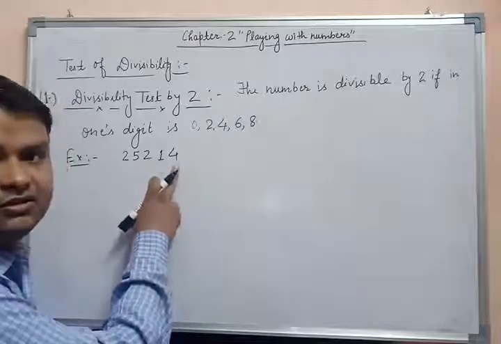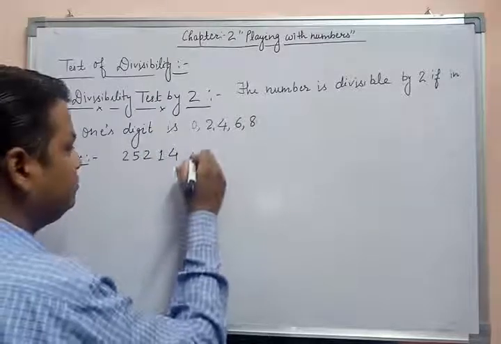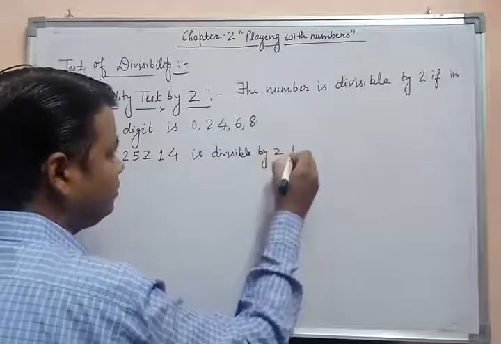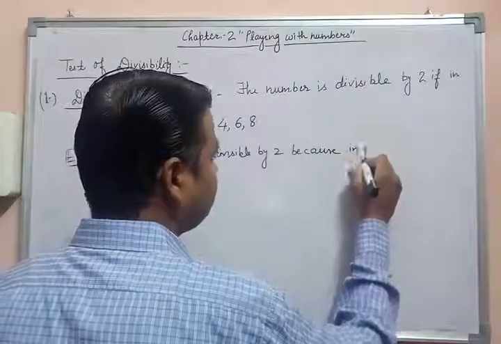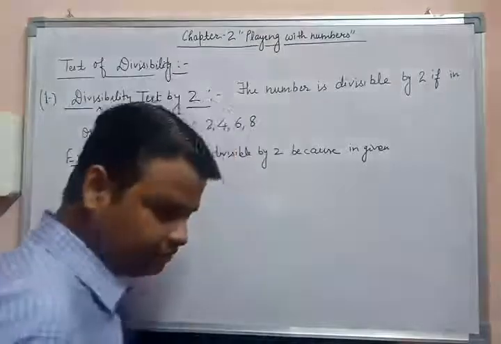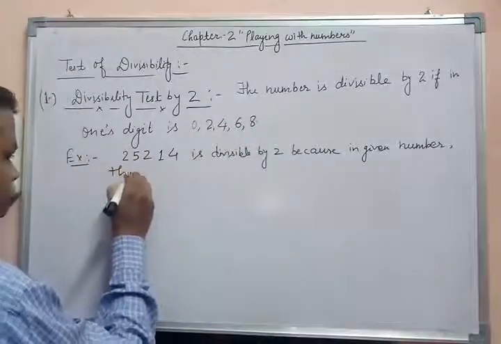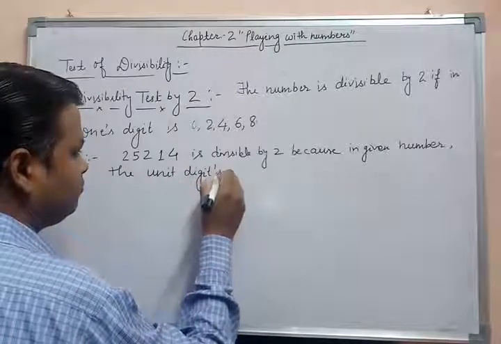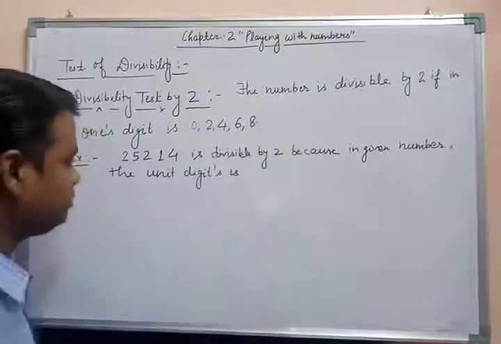In this number the unit place number is 4, so the whole number will be divisible by 2, because in the given number the unit digit is 4.